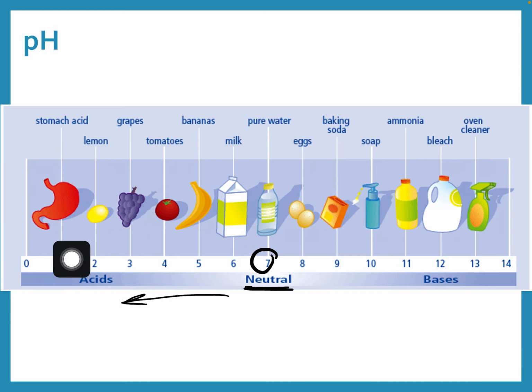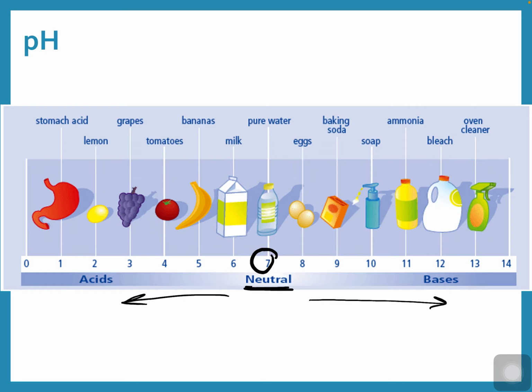So we can see that stomach acid is an acid, and then lots of foods that we consume are also acidic. We do have some foods like eggs, which are a little bit basic because they are over 7, and then different cleaners and things which are a little bit further along that scale, closer to 14.